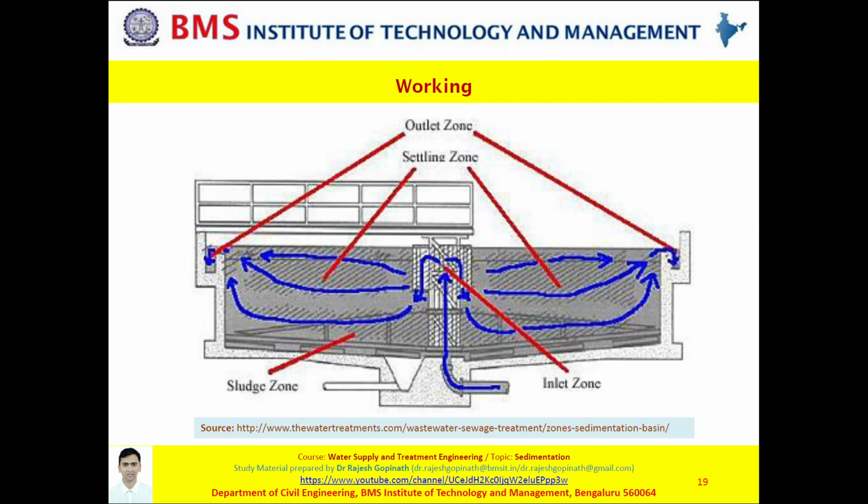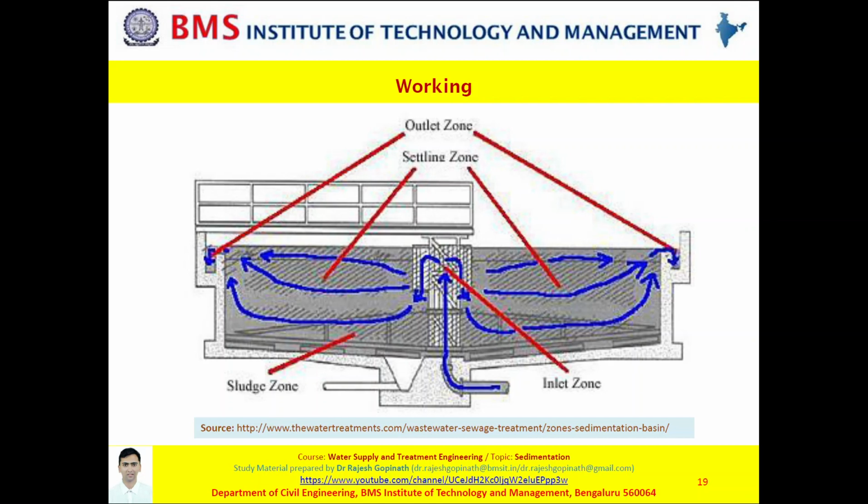Due to the change in direction of flow and the presence of the sludge hoppers, there is decantment of the settleable solids towards the center. As it's a hopper bottom, all the settled sludge is removed from the sludge zone.